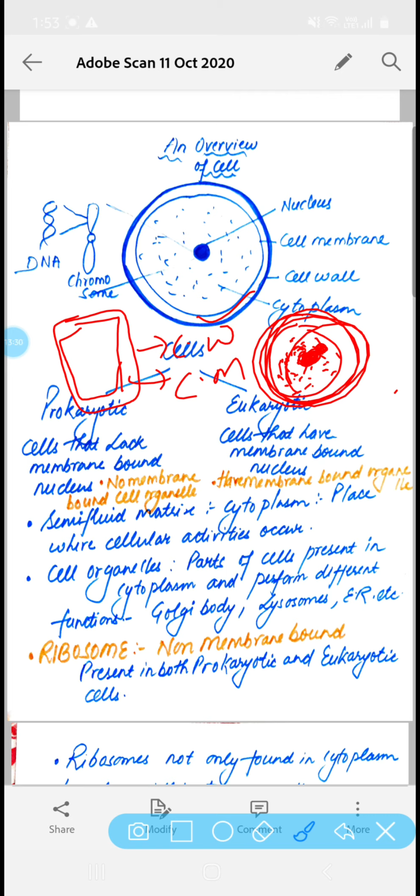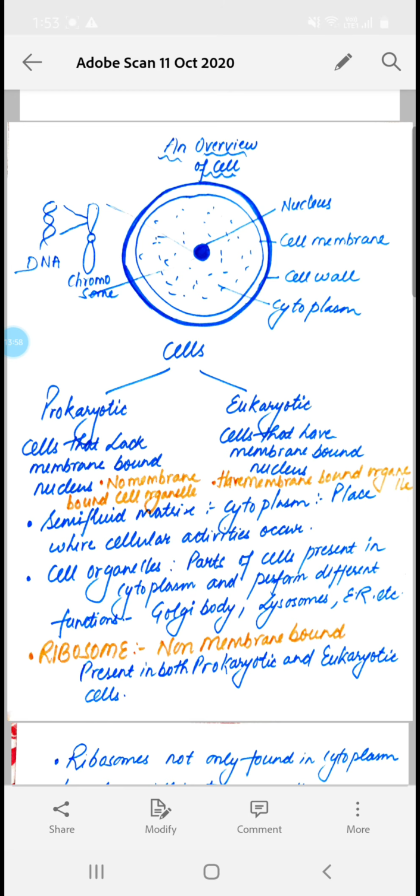Now in the plant cell, the cytoplasm is present in the corner, and inside it is a big vacuole, and the nucleus is present in a corner. Clear? So this is the rough sketch of plant and animal cell. You have studied this in lower classes. Now if I compile both of these into an overview of a typical cell, how will it look? This is the diagram to explain that.